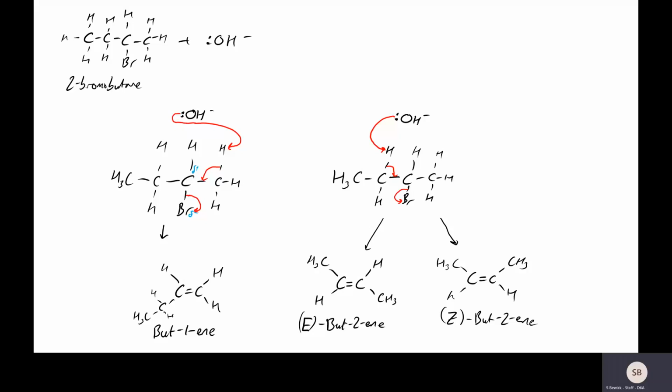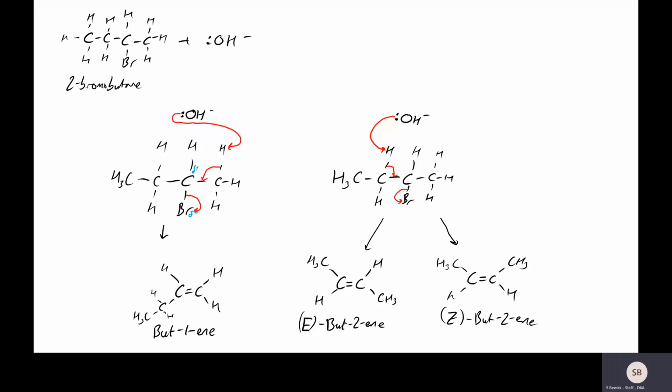So if there's more than one adjacent carbon, and you can get different groups on the carbons at either side of the double bond, then you need to think about the different isomers that can be formed. So from 2-bromobutane plus a hydroxide, you're going to form 3 different isomers: but-1-ene, E-but-2-ene, and Z-but-2-ene.